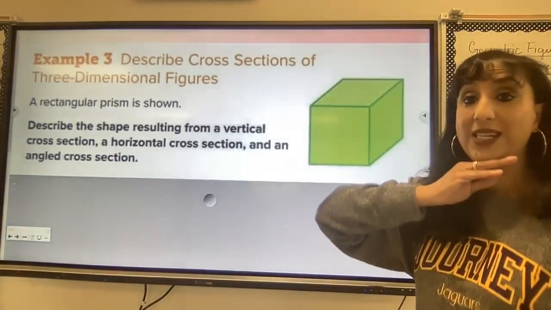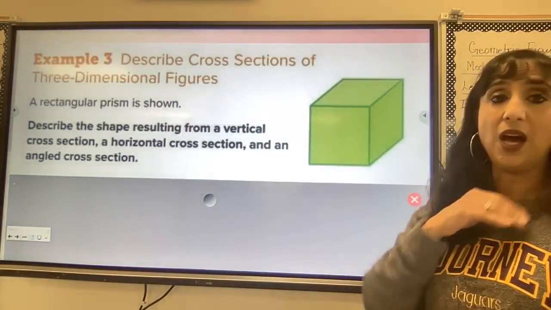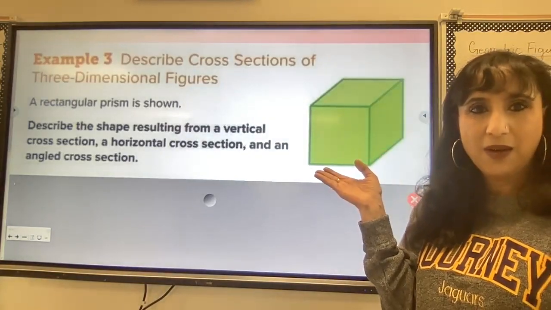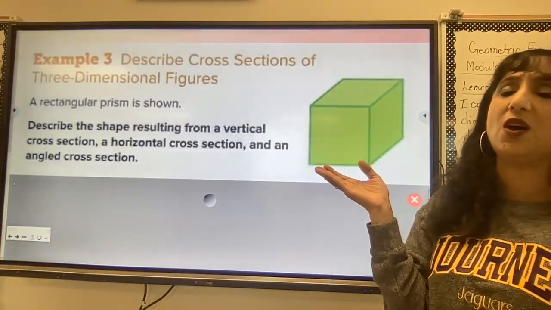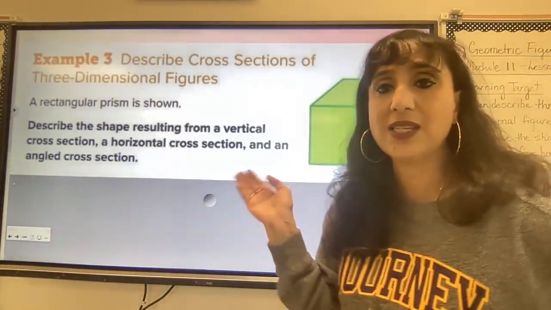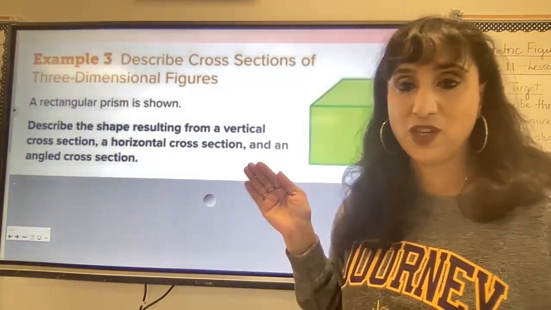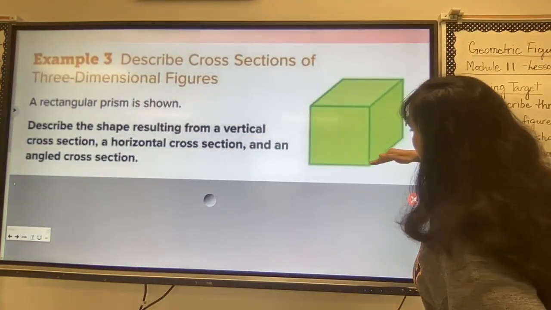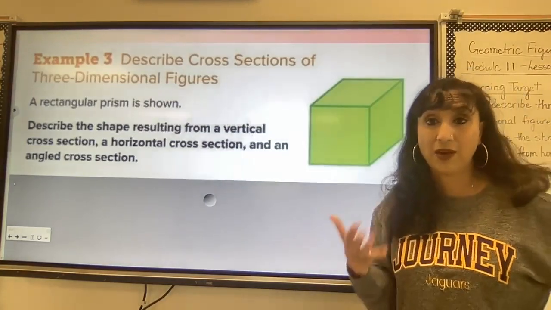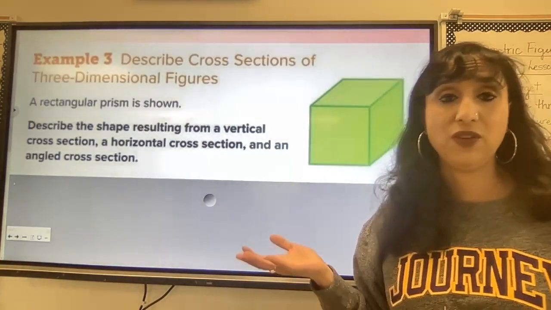I'm going to get a rectangle. Can it be a square? No, because in a square, all the sides have to have exactly the same measure. If I am splitting it like this, this is less than this. That's why we get a rectangle, not a square.